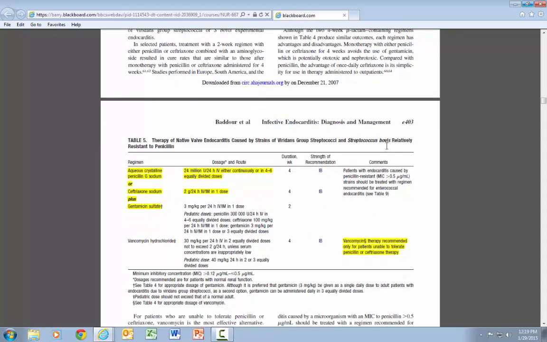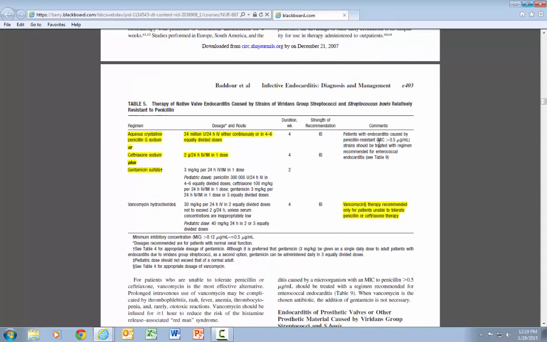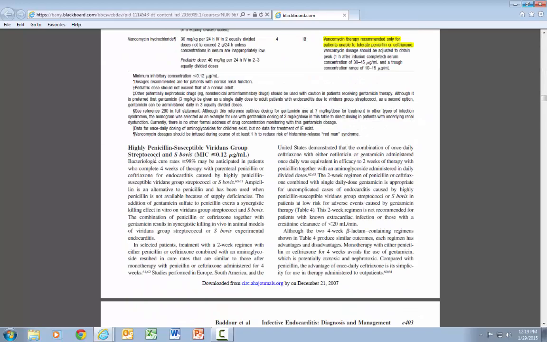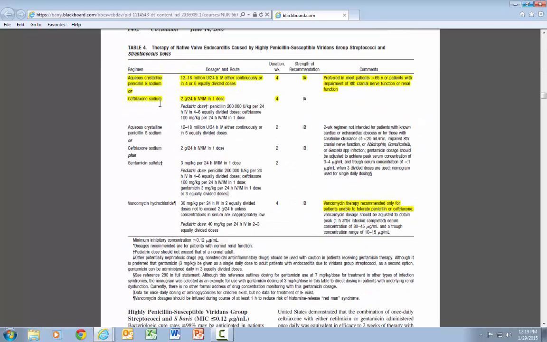Now, if we discuss patients who are relatively resistant to penicillin, even though the treatment is exactly the same, penicillin G, these are the patients that have a native valve endocarditis, they don't have a prosthetic valve, or ceftriaxone plus gentamicin. So it's exactly the same as the prior treatment.